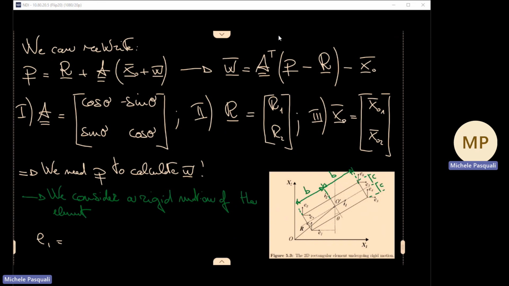So E1, I want you to have it clear in mind that E1 is this quantity here. E1 is the position of the node 1, in particular the component along the direction given by x1.